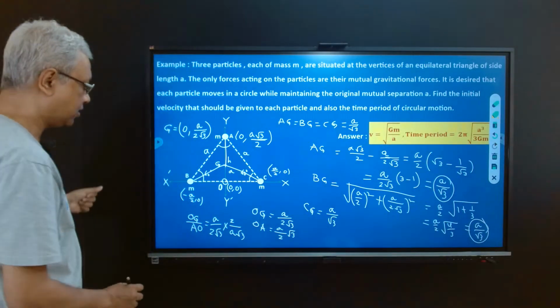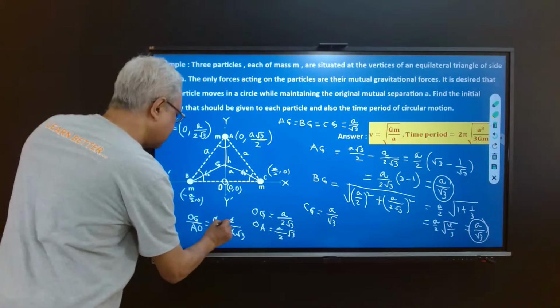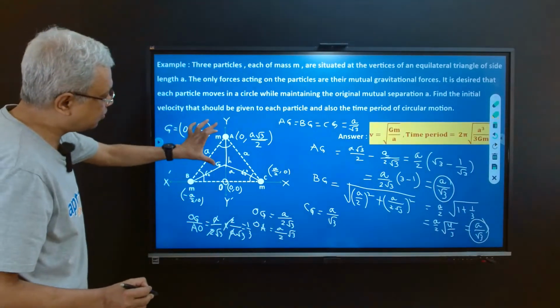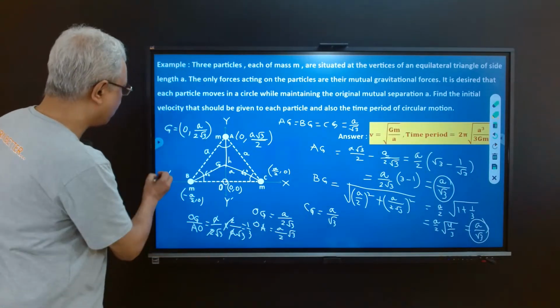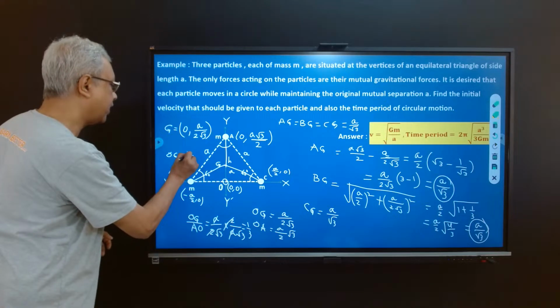Is it okay? So these two cancel, these a cancel, so it is 1 by 3. So OG is 1/3 of OA. OG is 1/3 of OA.